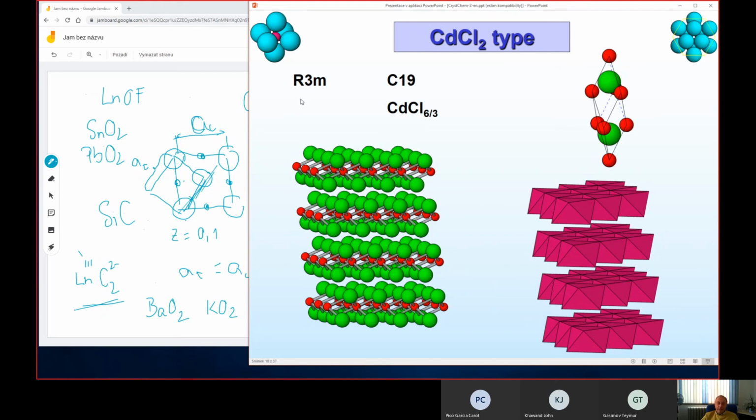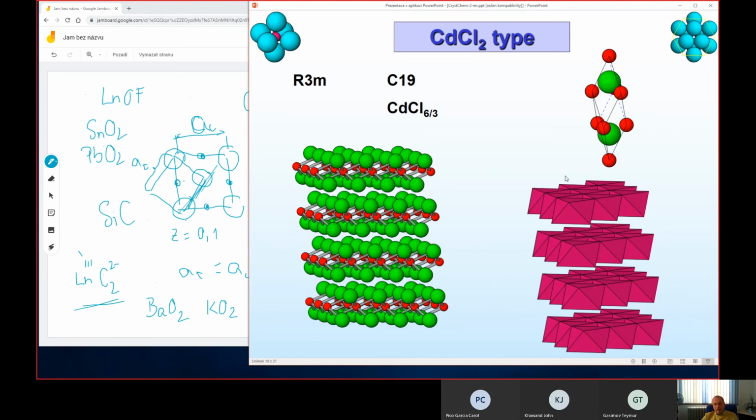The resulting symmetry is not cubic anymore, because we have only van der Waals interactions between these individual blocks, and this imposes an extension along this C direction of the original close packing.